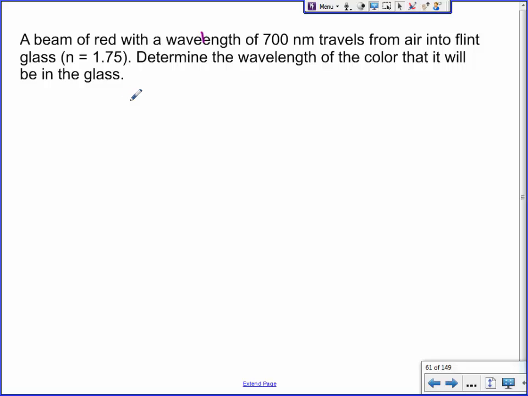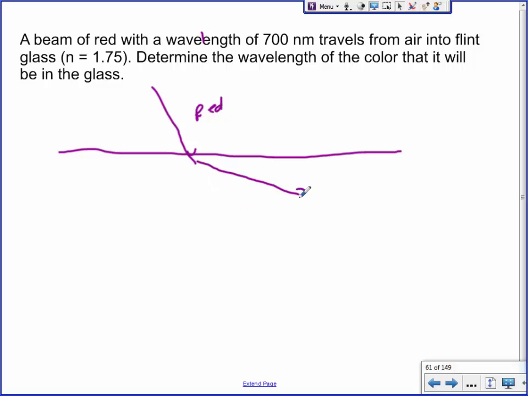Let's just draw a picture here. You have red light coming in, and then it's going to bounce another way. I don't know what it's going to turn into. On this side right here, it's air, and on this side right here, it's flint glass. Air, you can be 1. Flint glass, you can be 2.